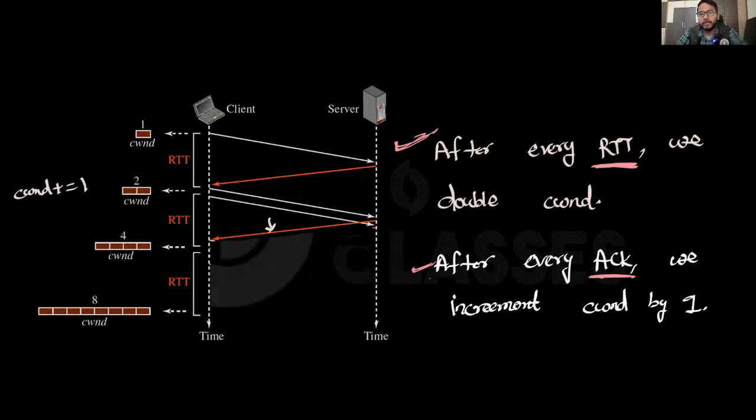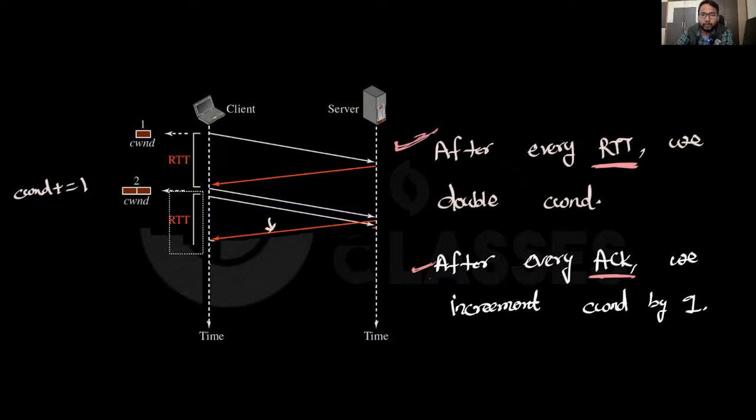Just see here that you send 2 packets, 2 segments, and then you receive one of them. I mean, you receive one ACK. Since you're just receiving one ACK, tell me, after receiving this ACK, what will be your congestion window? At this point in time, I'm not asking anywhere else.